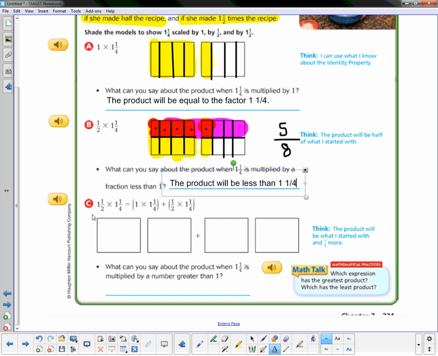I wonder what happens when we multiply it by another number that's bigger than 1. Look what we're doing here. That looks a little intense, so let's do this. 1 1/2 times 1 1/4 equals. Look right here. They're going to times 1 by 1 1/4, and they're going to times 1/2 by 1 1/4.